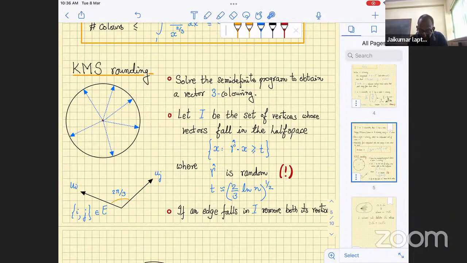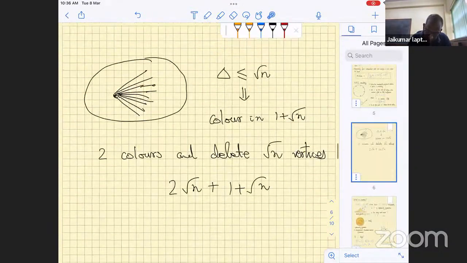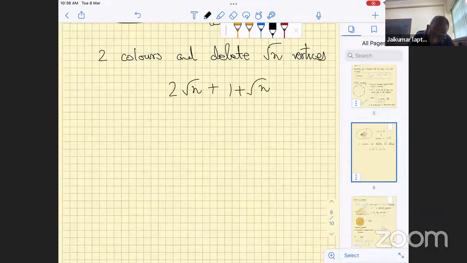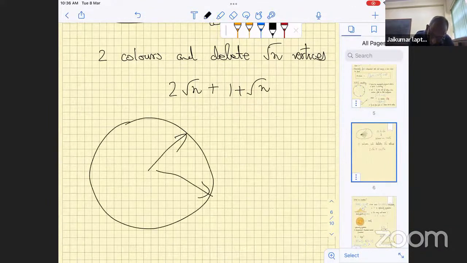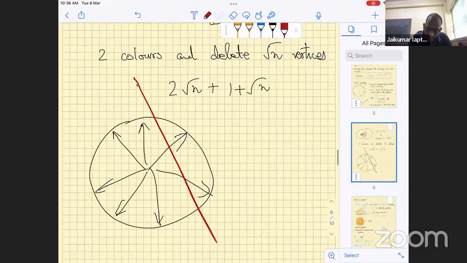Okay. So now there are some vertices that have been kept here. Maybe I should draw something separately. There were these vectors which we obtained from the semi-definite program, and then we took our hyperplane and cut them, and we decided to retain only this part.